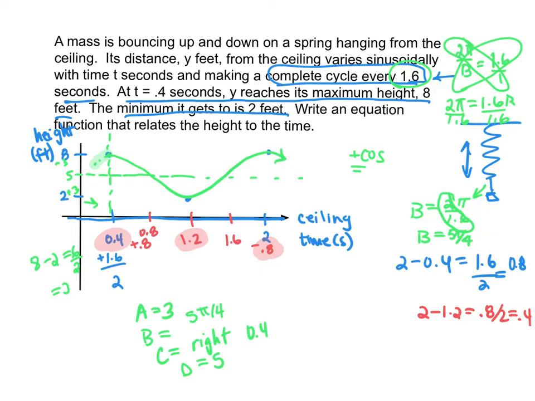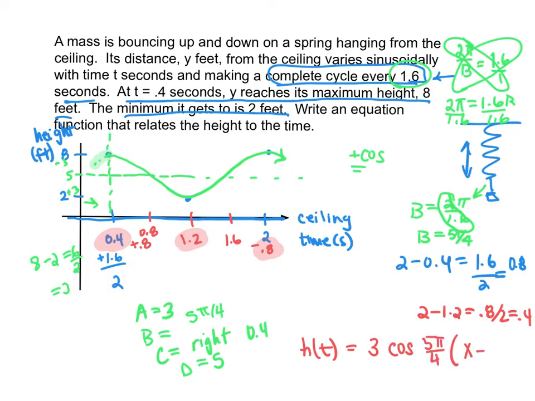I can now write my equation putting all this together. I have f of x, or t, I'm going to actually write it the other way. I don't care if you do f of x, but I'm going to write it as h of t, so the height is a function of time, is equal to my a value, which is 3. I said this is a positive cosine. My b value is 5 pi over 4, which goes outside of the parentheses.